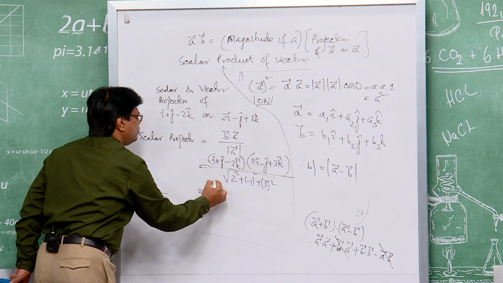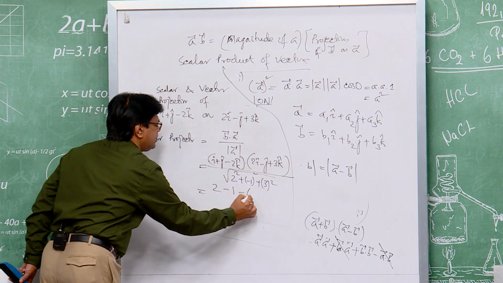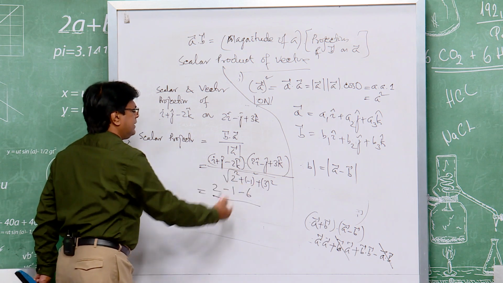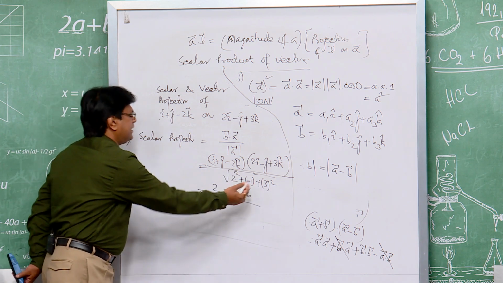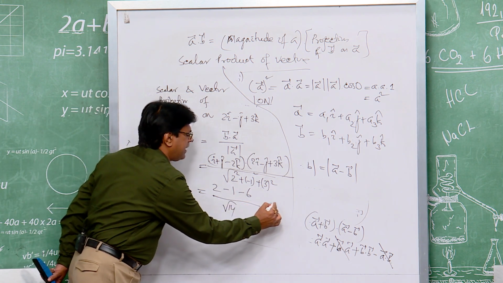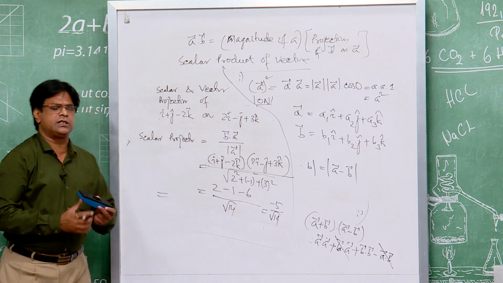So that is 2 minus 1 minus 6 by the root over 4 plus 1 plus 9, root over 14. So this is minus 5 by root over 14, that is the scalar projection.